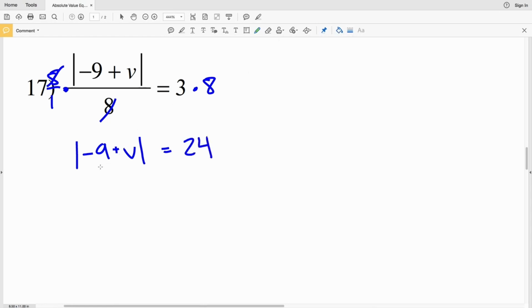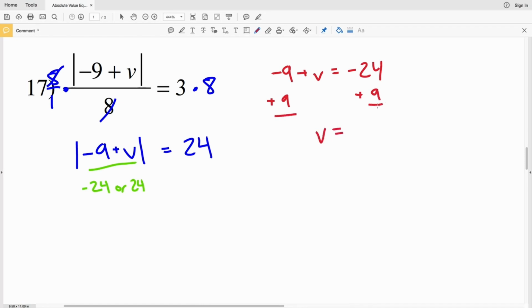So in doing that, we know that negative 9 plus v either equals a negative 24 or it equals a positive 24, because the absolute value of either of those quantities is that positive 24. So doing the math for when negative 9 plus v equals a negative 24, we're going to add 9 to both sides to get that v is equal to a negative 15.